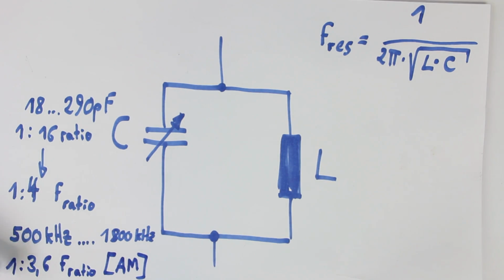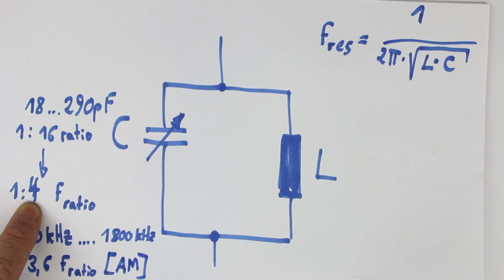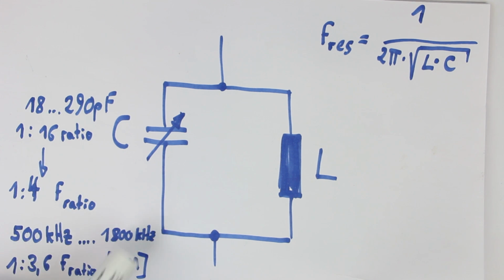So you need at least a capacitance ratio of 1 to 3, better 1 to 3.6, and if you have, as with this capacitor, a 1 to 4 ratio, you safely will reach both ends of your AM band.